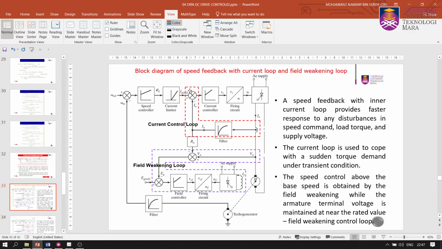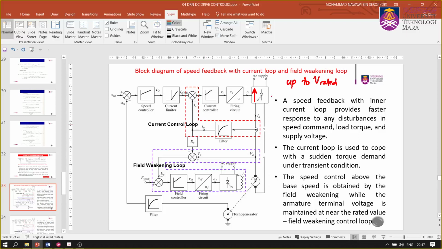And then not only that, we have to understand the voltage through here. The voltage can only be varied up to V rated, the rated voltage of your rectifier here. So if you want to increase the speed further, you have to maintain the voltage here at about the rated voltage, and in order for us to increase the speed, we need to have this field weakening control.